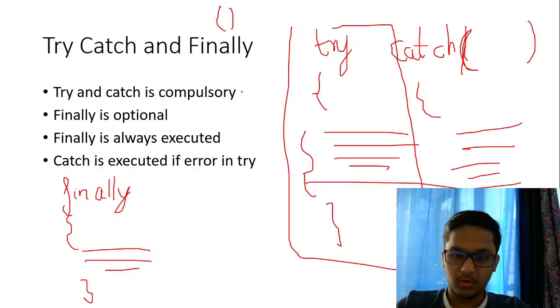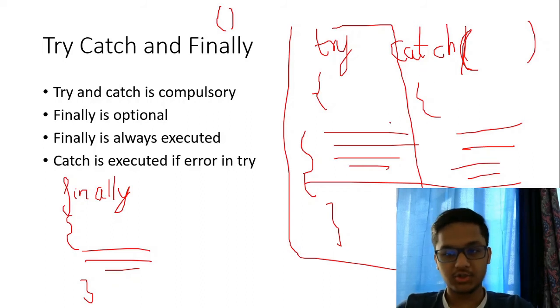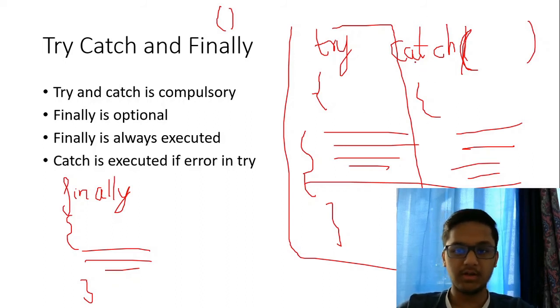Now, the try block, as you know, will always be executed. Why? Because that's the normal code. It only exits the try part of the code if a runtime error is found. The catch part of the code is not always executed because the catch part of the code is executed only if a runtime error is encountered in the try part of the code of that particular exception which you put in the parameters.